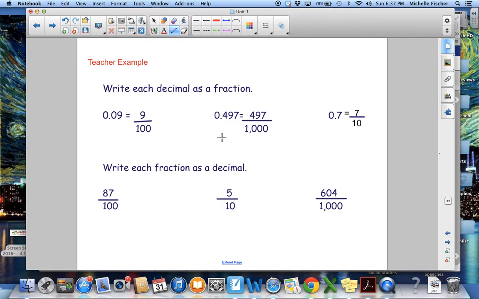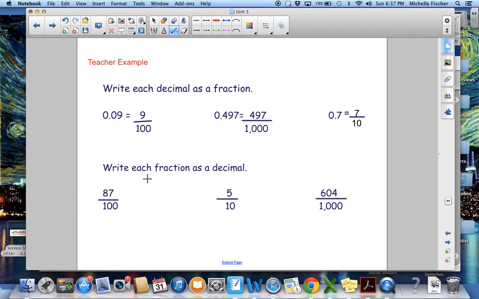So if you notice here, my number goes to the thousandths place, so my denominator is going to be 1,000. Here, my number goes to the hundredths place, so my denominator is going to be 100. Here, my number goes to the tenths place, so my denominator is going to be 10.